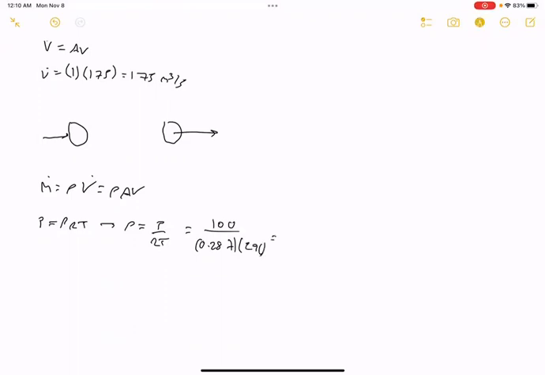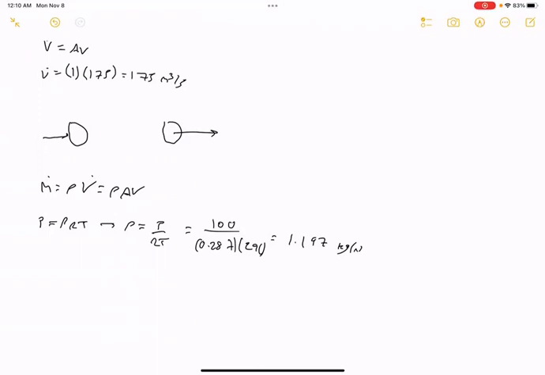Calculating all of this, we get 1.197 kilograms per meter cubed. Now this is the density of the air as it moves into the engine.